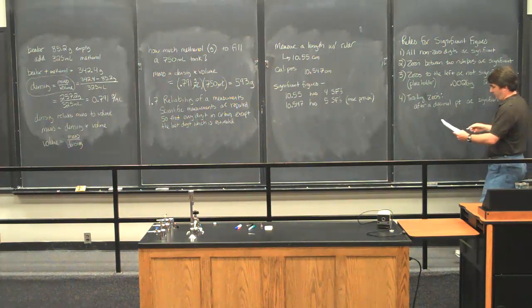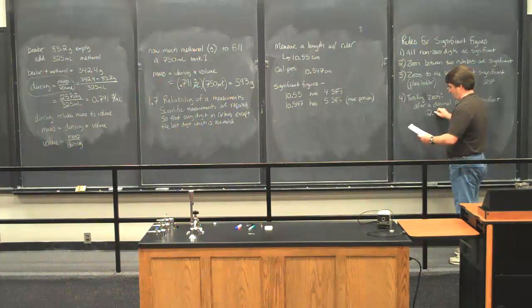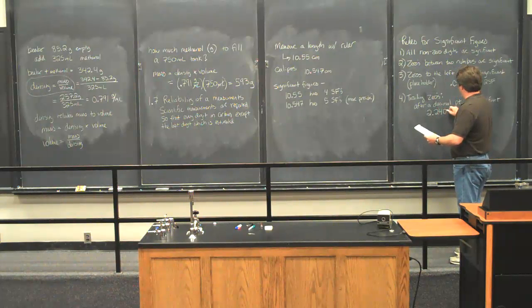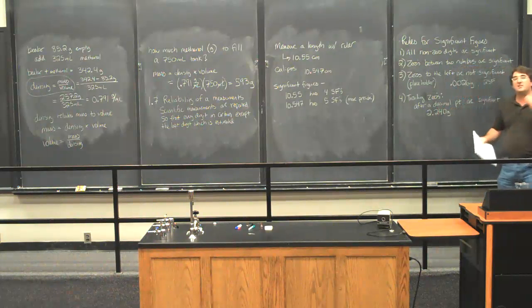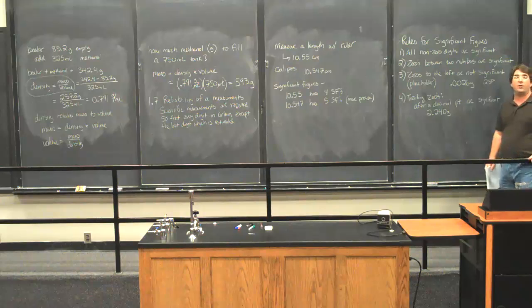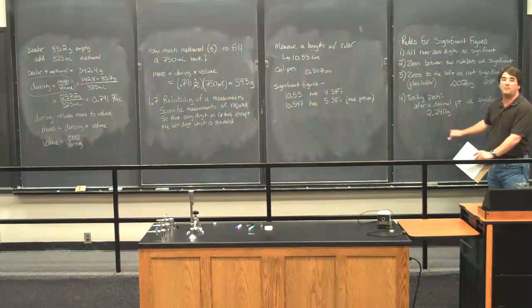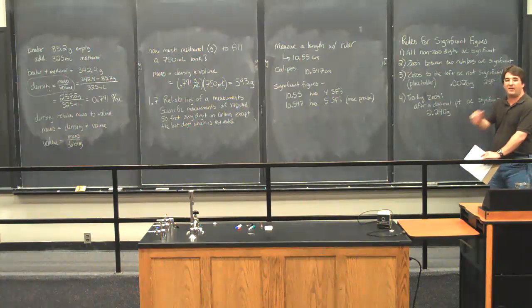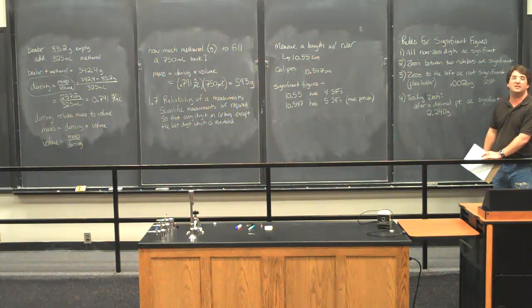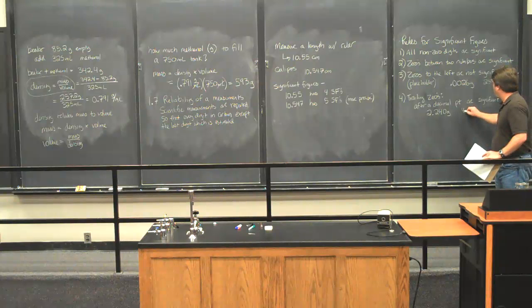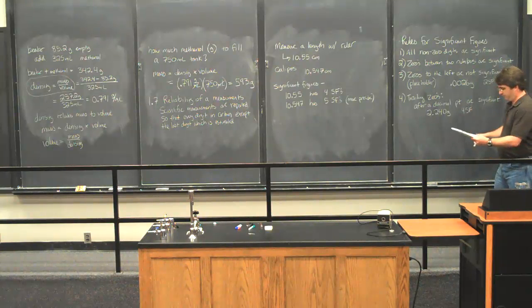And an example of this is 2.240 grams. So when I tell you 2.240, I'm telling you that I measured this to plus or minus 0.001 grams. I measured this 0, the balance actually said 0. I measured that point. It's significant. So this has 4 significant figures.